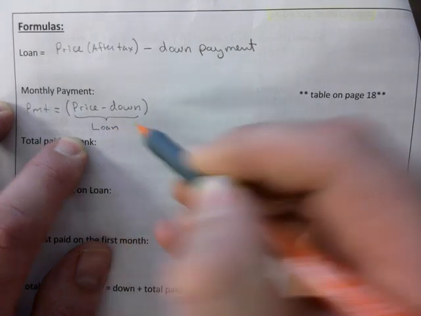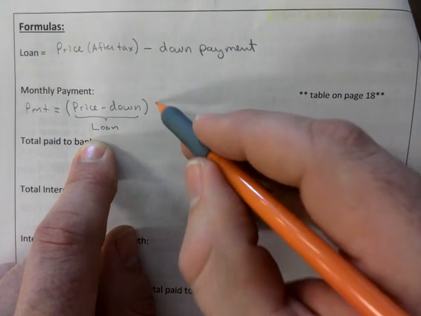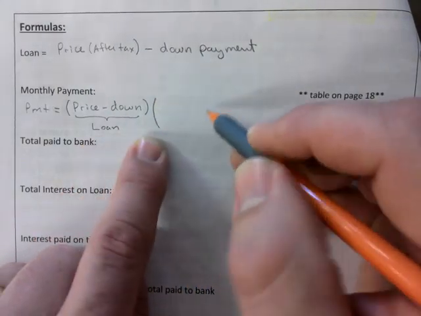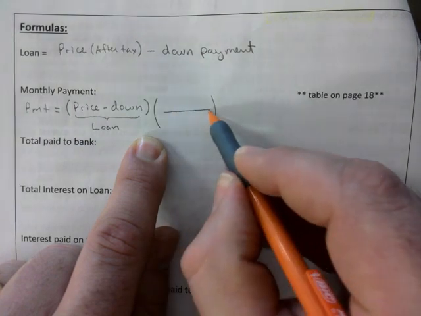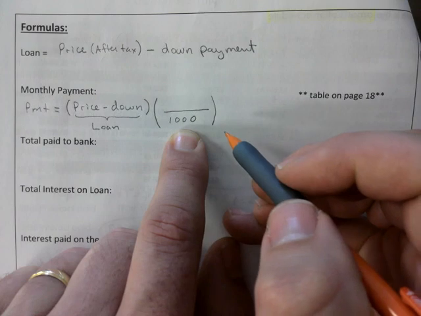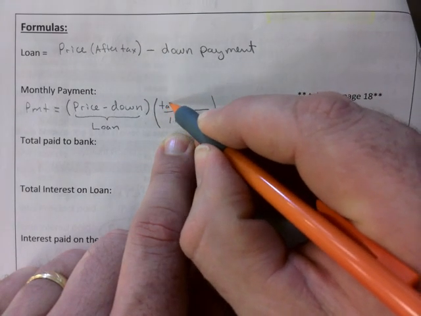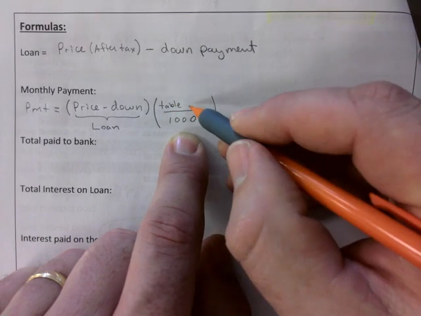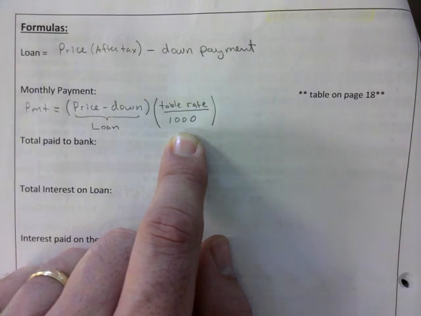But I like to show it like this because that way students do not forget to subtract the down payment. This is on page 27. And you divide this by 1,000. There's a table rate per $1,000 that I'm going to show you. And some of you are going to recognize that from grade 11. Table rate. Make sure you understand that.